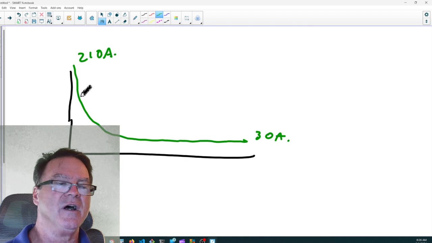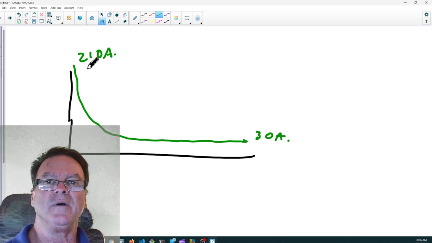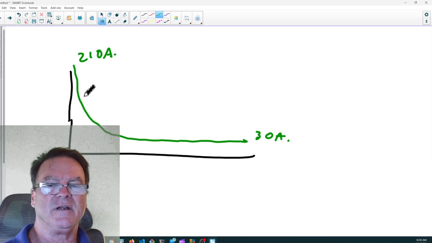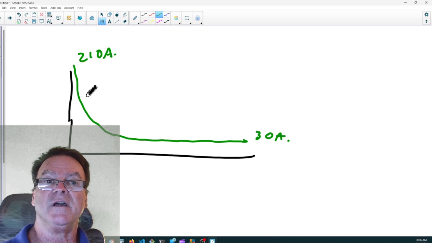We want to use the inverse time relationship, meaning if it has 5 times the rating of that circuit breaker, if it's a 50 amp circuit breaker, and we go 5 times that 50 amps, it won't trip for 30 seconds.